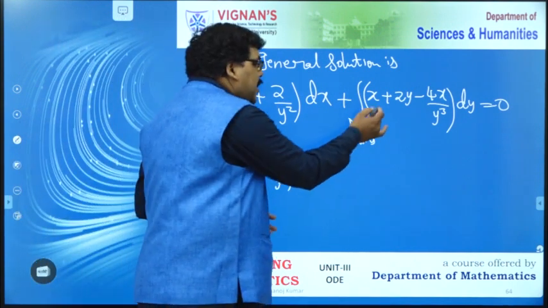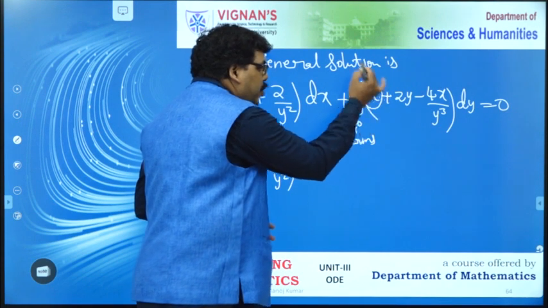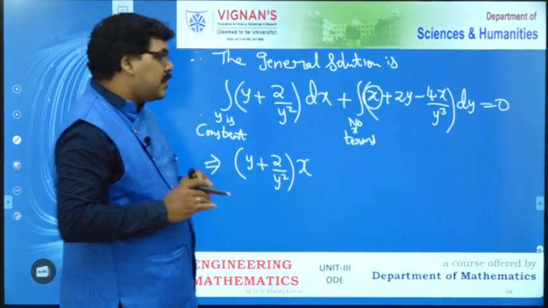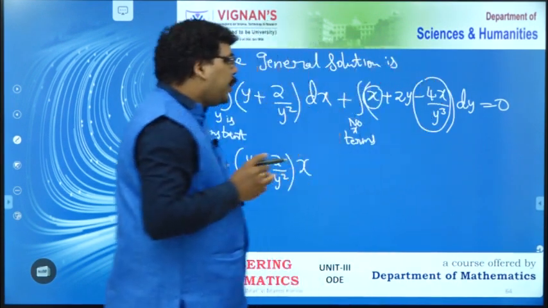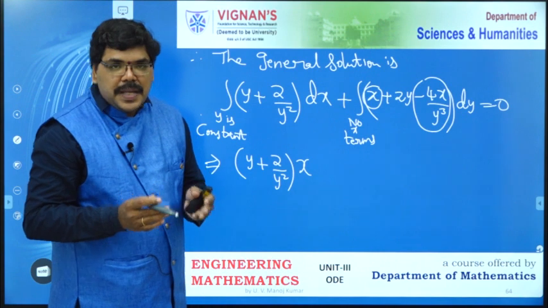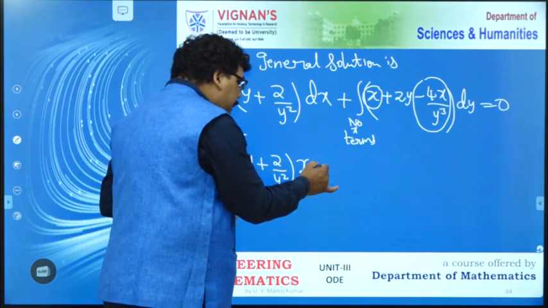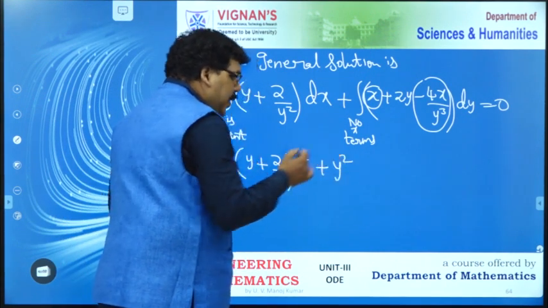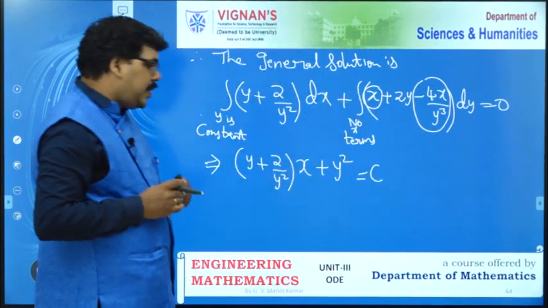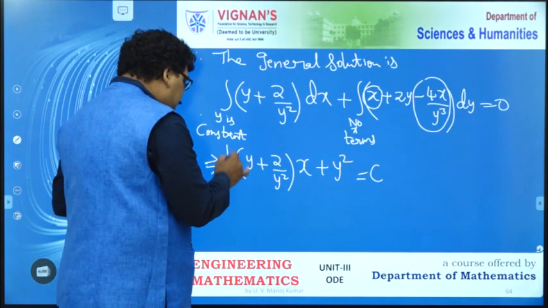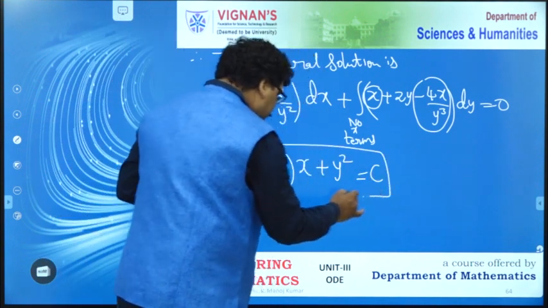Here x terms should be omitted, so you should delete this term x and this term having x. So what remains is plus 2y. Integral of plus 2y is y square, equals the integrating constant c. So this is our general solution.